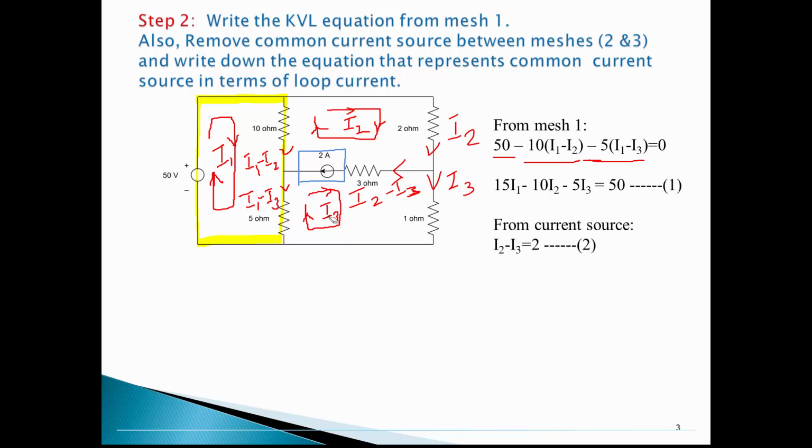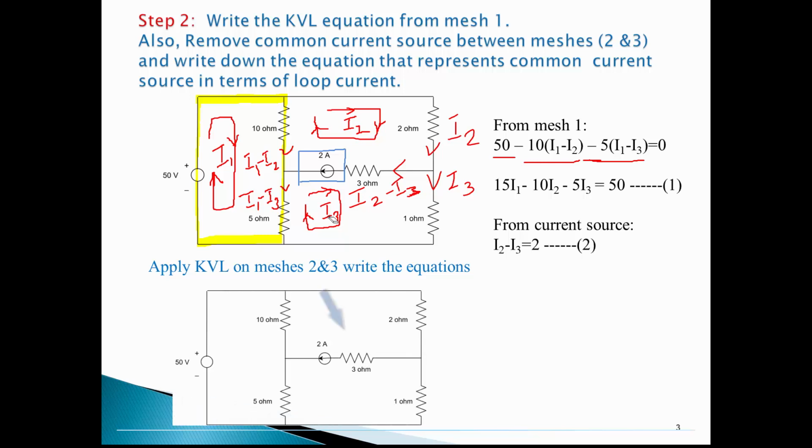I got the second equation. Then remove this source, take loop number 2 as well as loop number 3 together, and write down the KVL equation. This portion is completely removed from the circuit, and then write down the equation. Let me combine these meshes together and write down the KVL equation.